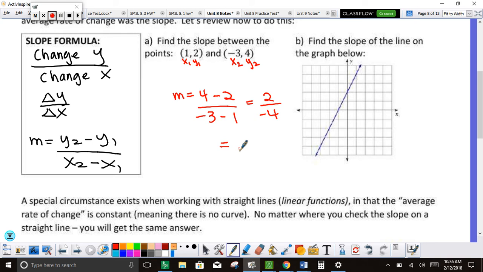We just got a negative. Now that doesn't tell me the shape of that graph. I just know that the points are (1, 2) and (-3, 4), and the graph could look all sorts of ways. We don't know. We just know that the slope between those two points is negative 1.